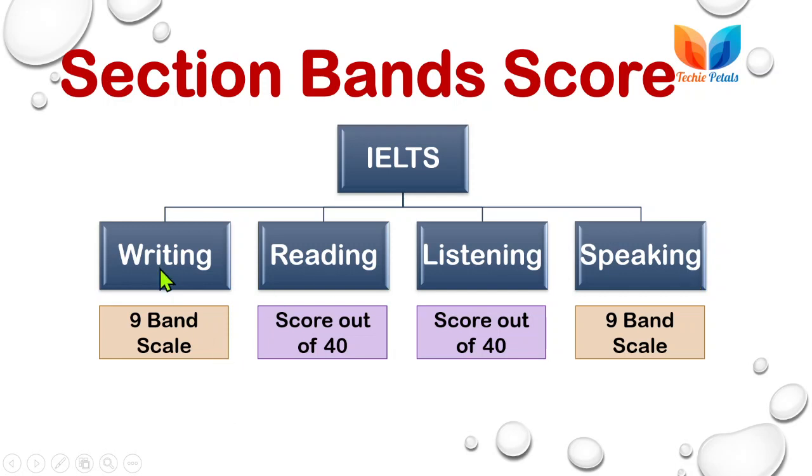For writing, you will be given some tasks, and if you perform well, the examiner will provide you the band according to your result. For speaking, you have to interact directly with the examiner, and the examiner may ask you to speak on any topic for 2 minutes after your brief introduction.